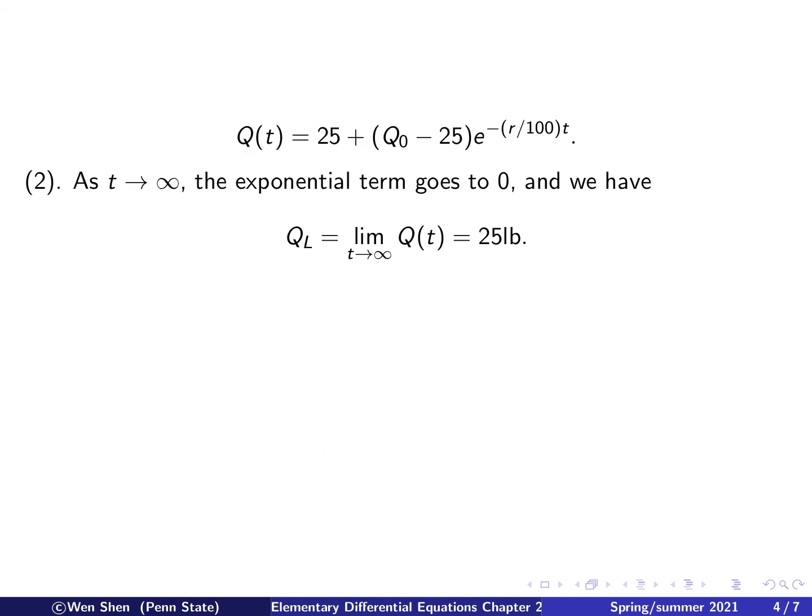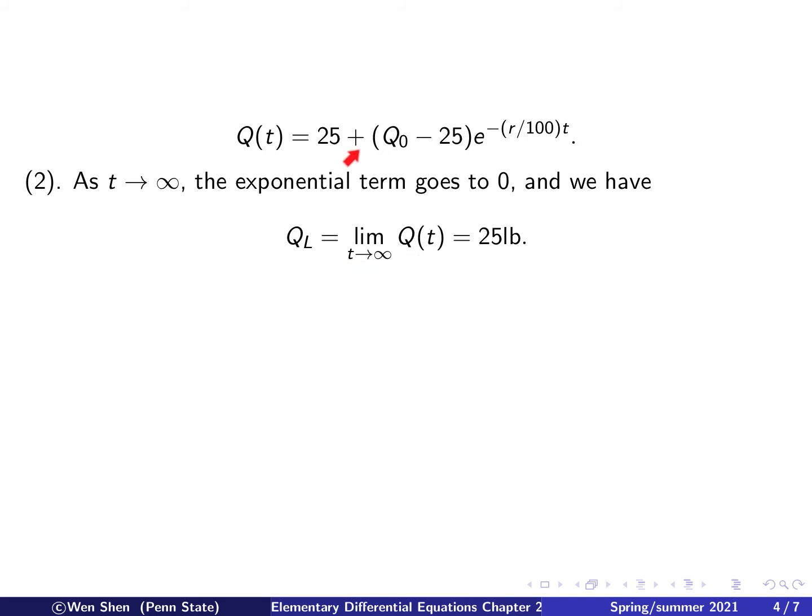Okay, so for convenience, I repeat the solution here because we will use it to answer the second question. That is, as t goes to infinity, what will be the limit value for Q? Which means this Q L is the limit of Q of t as t goes to infinity.